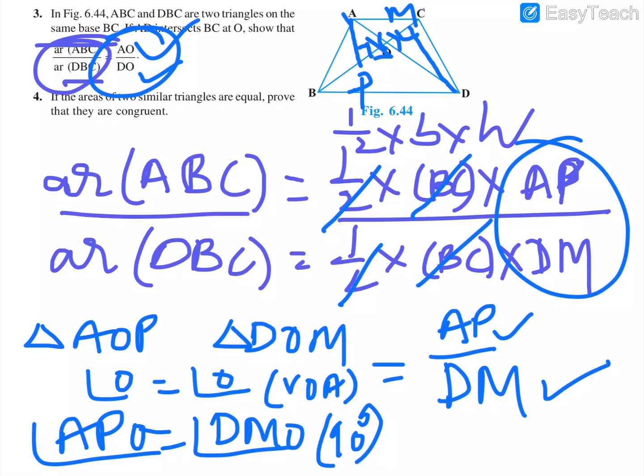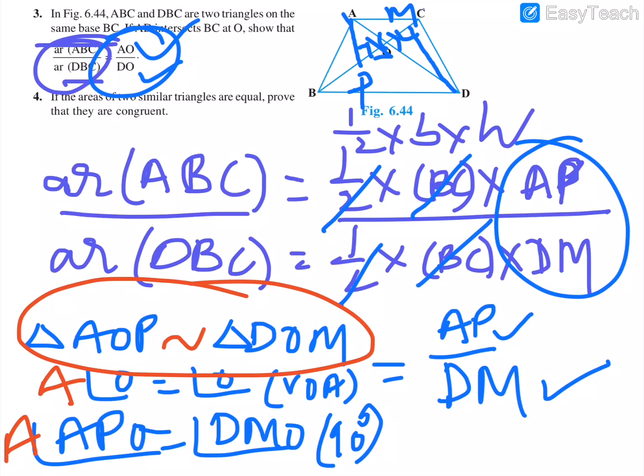So by AA criteria, these two triangles are similar. Since these two triangles are similar, corresponding sides will be proportional. AP by DM is equal to AO by DO.